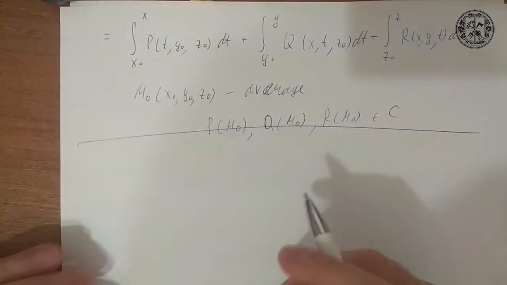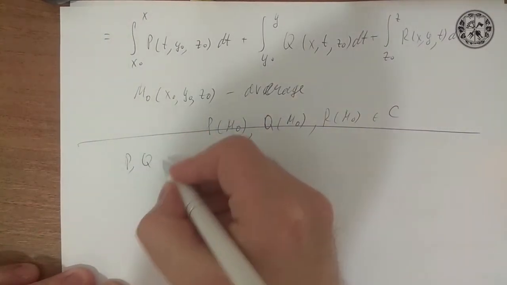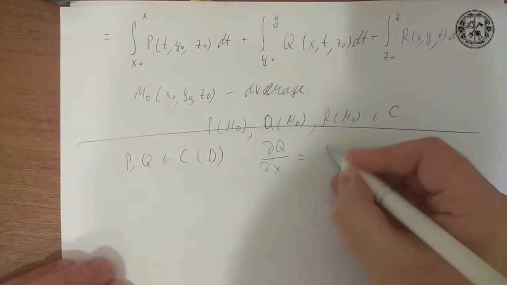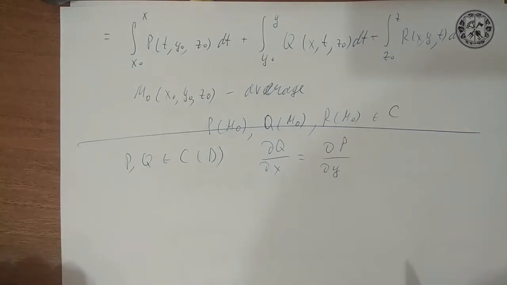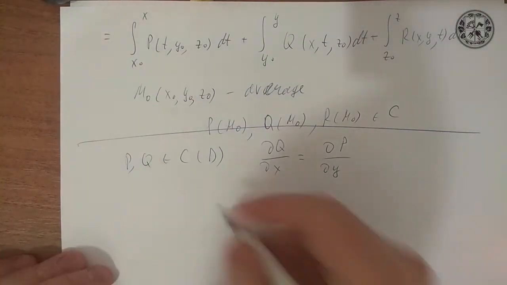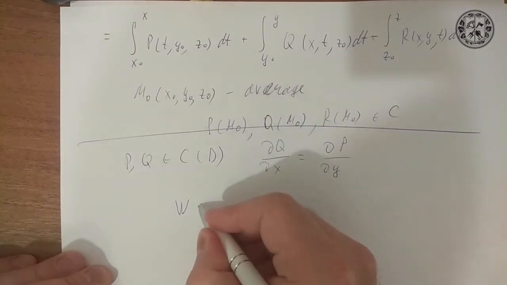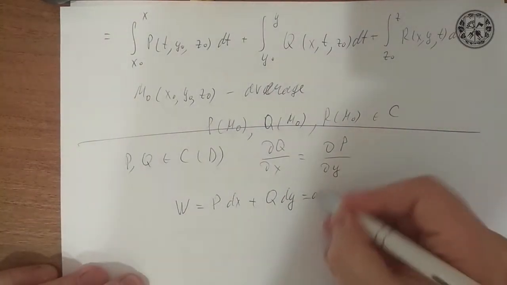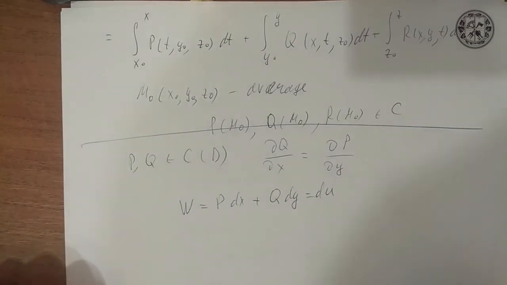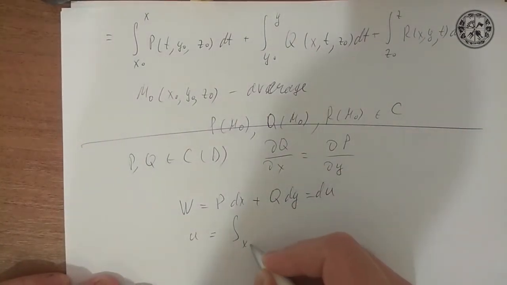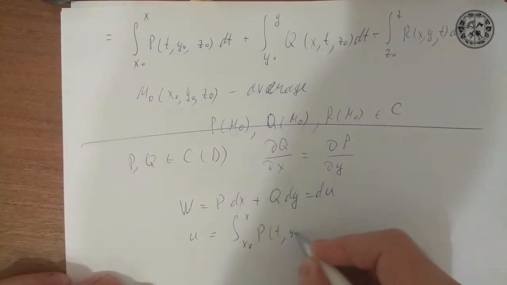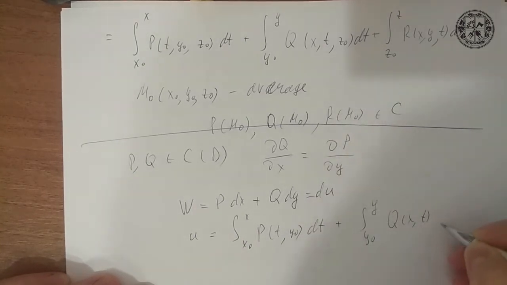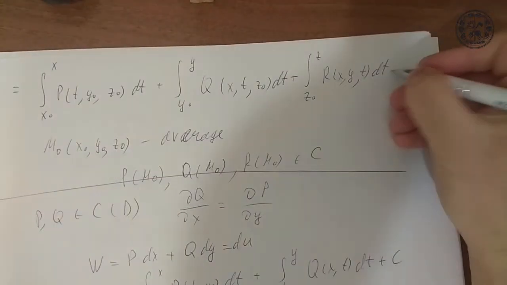If we have some region D, P and Q are continuous inside region D, and we have dq by dx equals dp by dy, which means this will be differential of some function. We'll get W as p dx plus q dy, full differential of function u in this region D. Now we can restore this function, moving from x0 to x, p of t y0 dt, plus moving from y0 to y, q of x t dt, plus some constant.